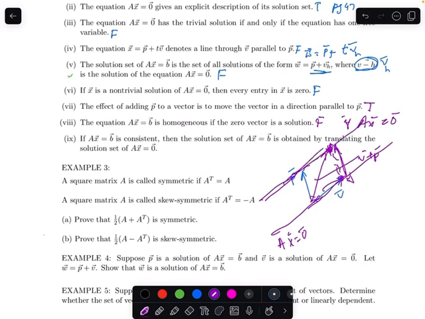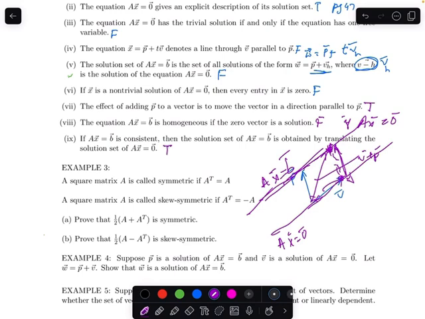That is the line that contains all the solutions of the equation Ax is equal to b. So it looks like we translated it, we shifted it in that direction. So this is true.